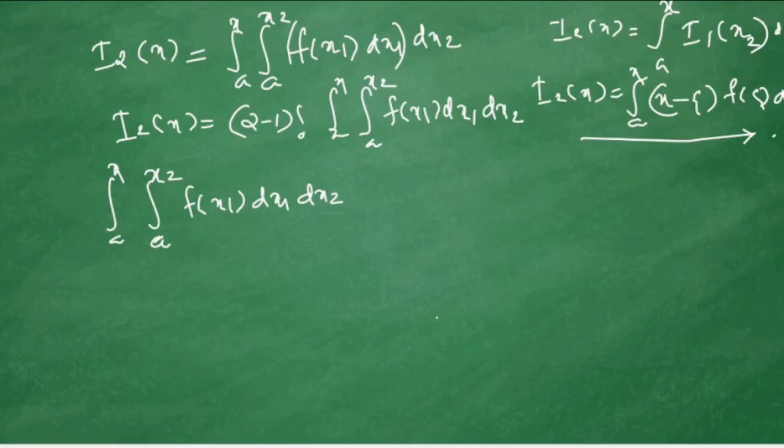I2 of x is equal to 1 by 2 minus 1 factorial, that means 1 by 1 factorial, integral a to x of x minus theta f of theta d theta.